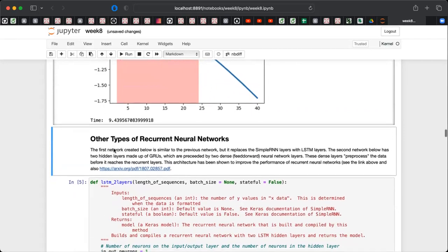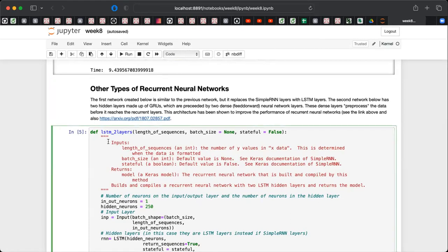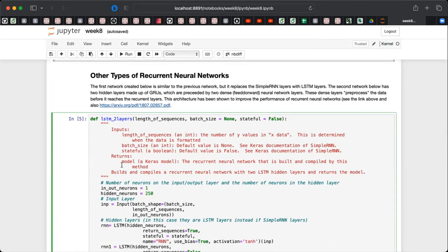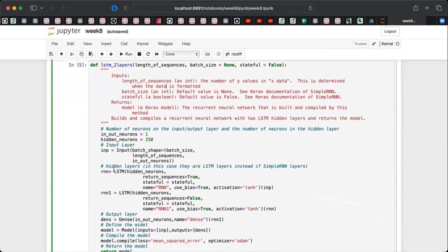You could replace this one with a simple RNN with long short-term memory layers. In this specific case, we are replacing the simple RNN, which trains everything by the standard back propagation through time, with a long short-term memory layer.